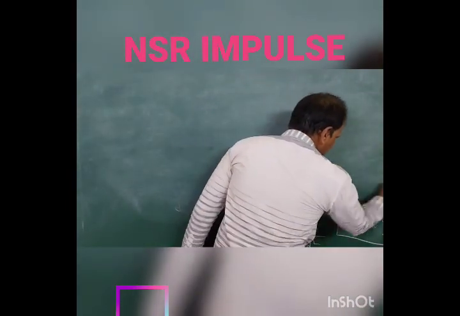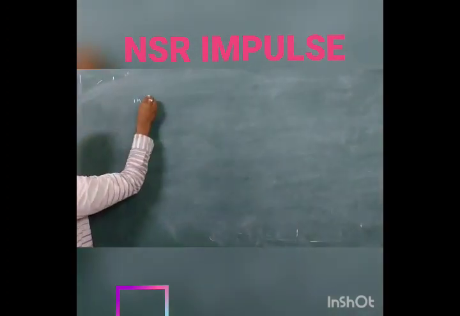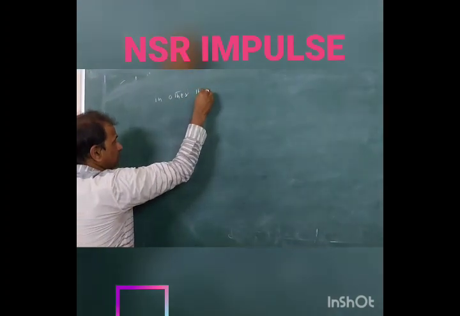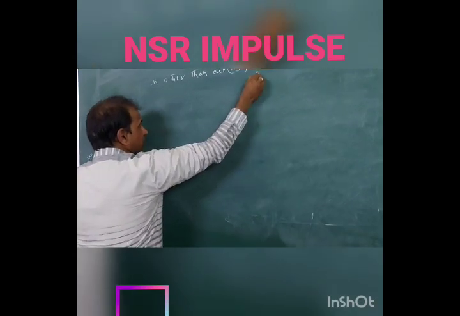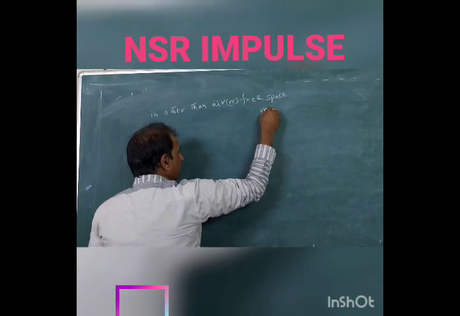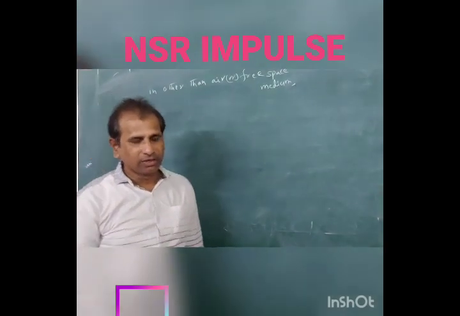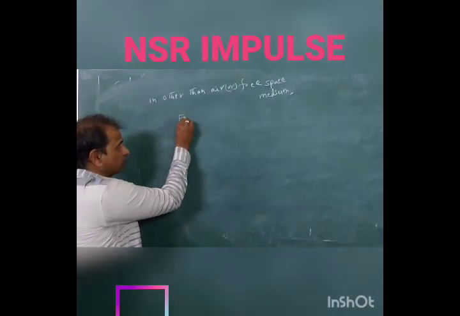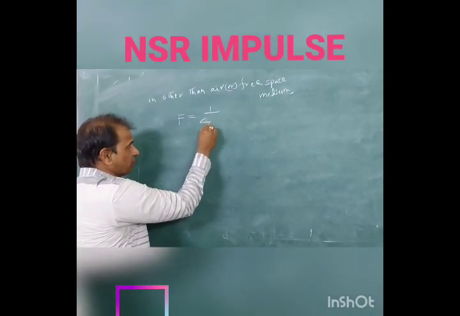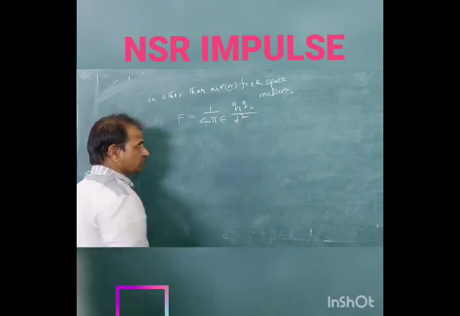Now the next discussion is, if two charges are separated in a medium other than air or free space, in that case F is equal to 1 by 4 pi epsilon Q1 Q2 by d square.